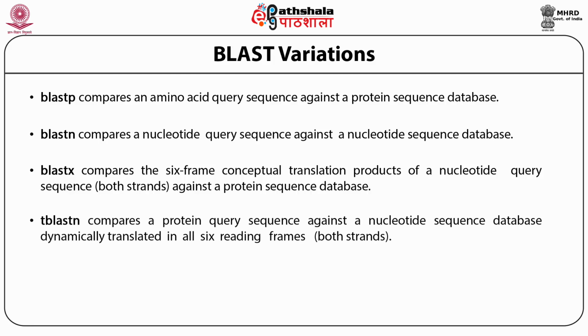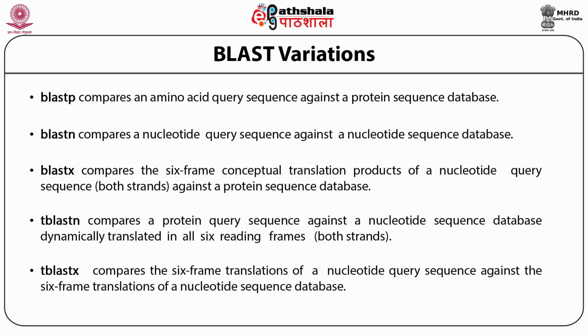TBLASTN compares a protein query sequence against a nucleotide sequence database dynamically translated in all 6 reading frames. And TBLASTX compares the 6-frame translation of a nucleotide query sequence against the 6-frame translation of a nucleotide sequence database. So these are the different versions of BLAST.